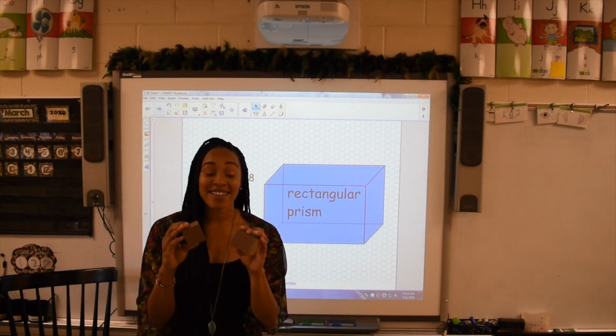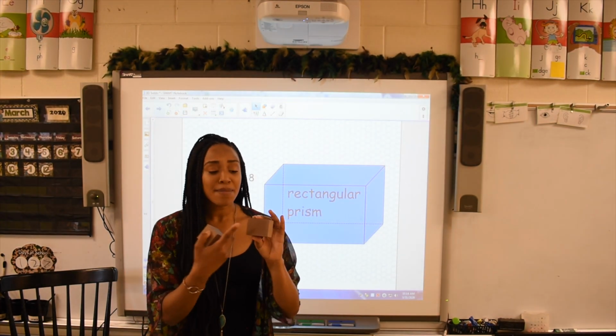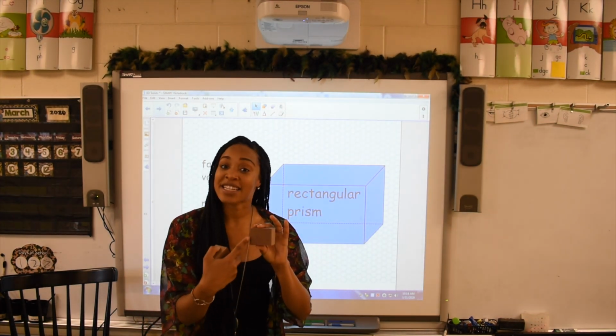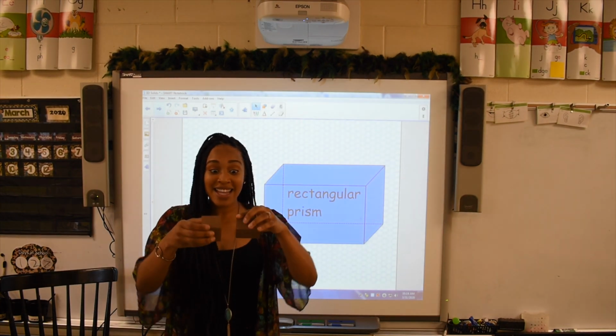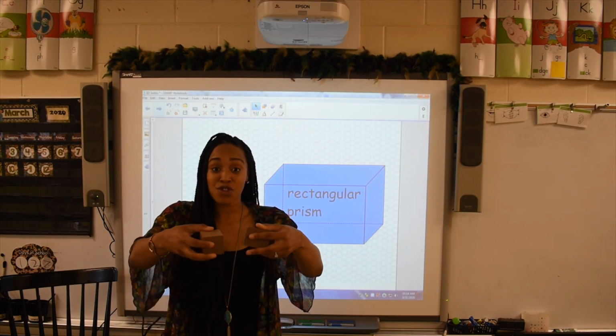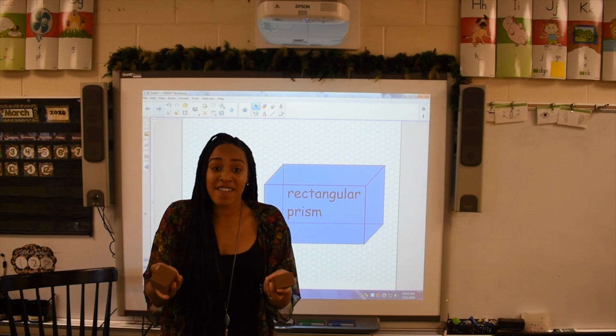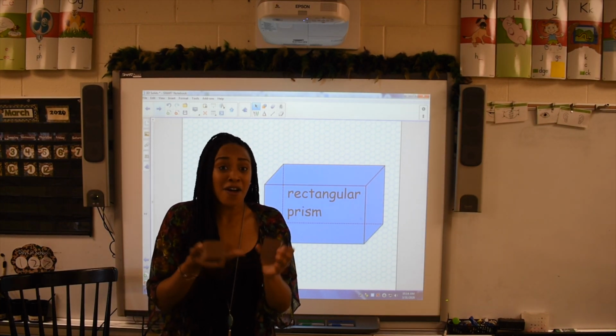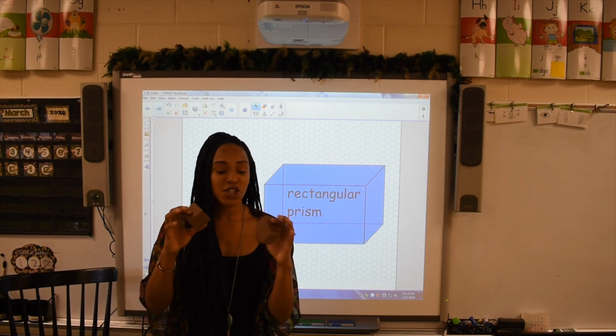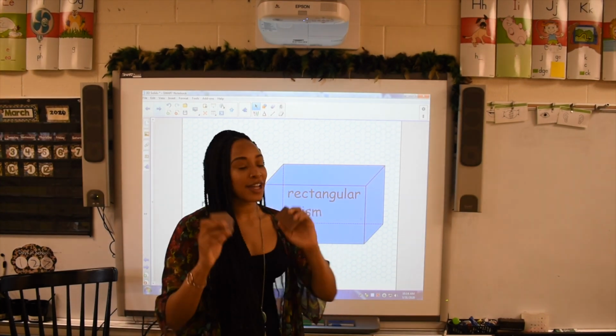Friends, great job. Yes, they have the same defining attributes because even though the base is a different 2D shape, it still has the same traits. Still the same amount of faces, still the same amount of vertices and edges, just a different base. Great job.